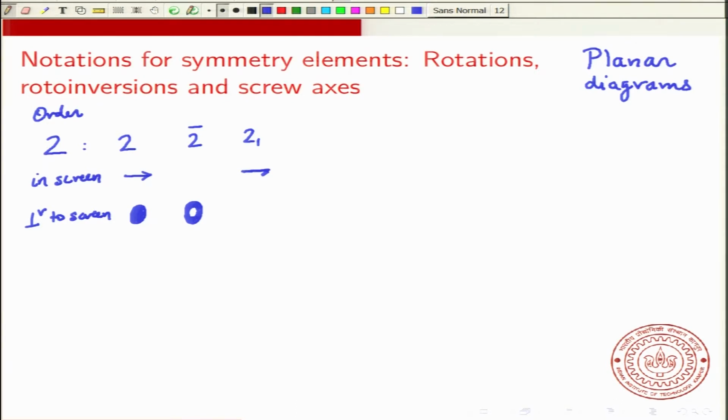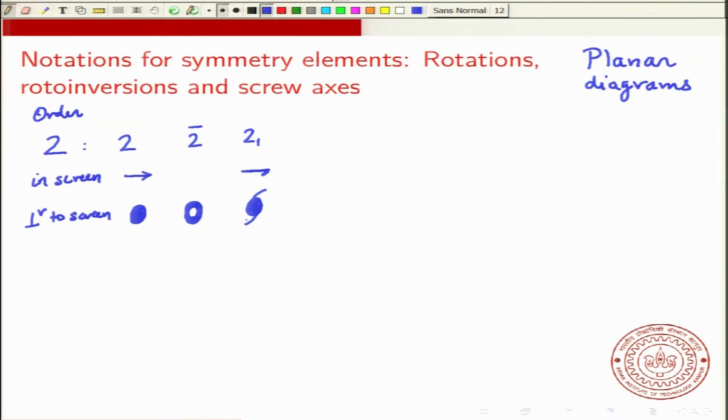The line indicates that the rotation is in the screen, so it's along this line, and the harpoon indicates that it's a screw rotation. If it is perpendicular to the screen, then you show a regular twofold axis, but you show it with this.